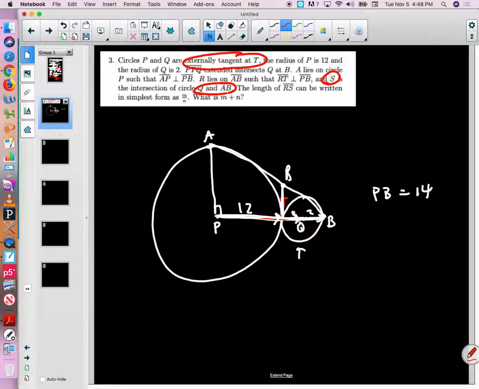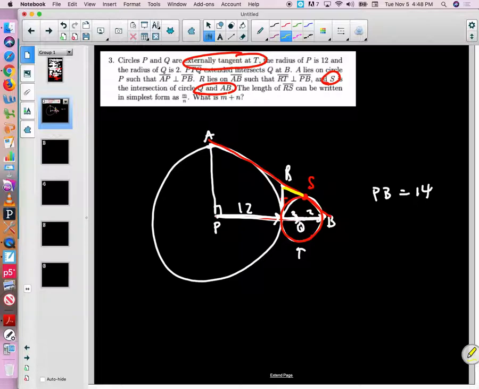All right, so it's the intersection of circle Q, which is right here, and AB, which is right here. All right, so this is S right there. The length RS, so we're looking for this length right here, can be written in simplest form as M over N. So somehow we have to find this RS.